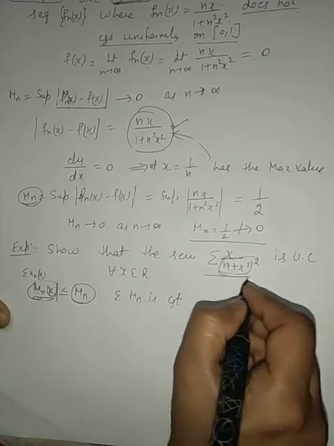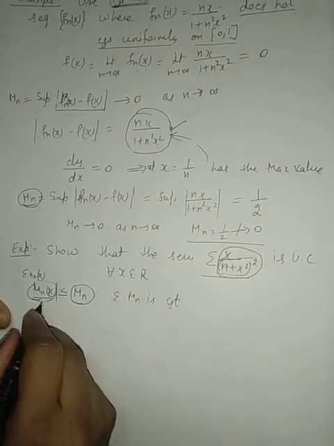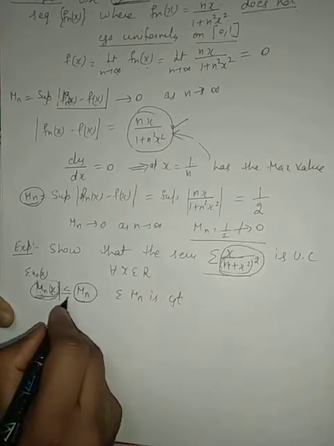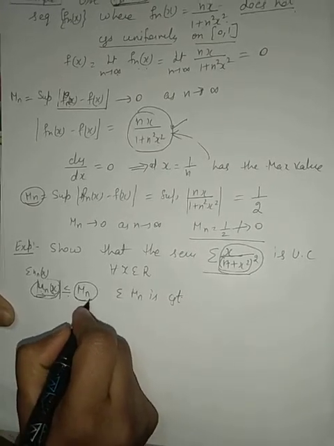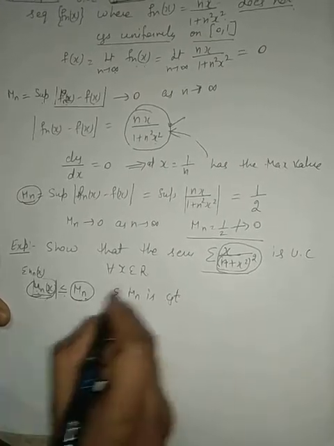So in this case, first we check that un(x) is less than or equal to Mn, and if sigma Mn is convergent, then the series is convergent.